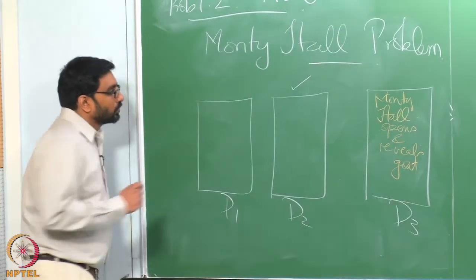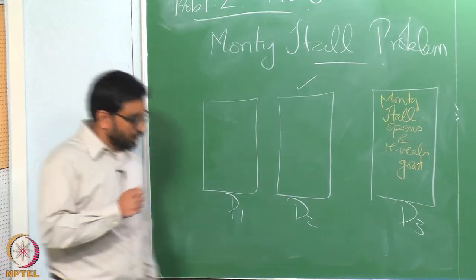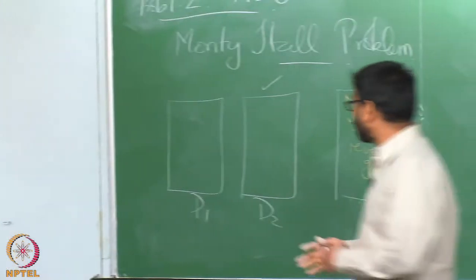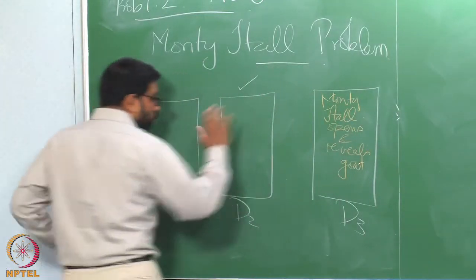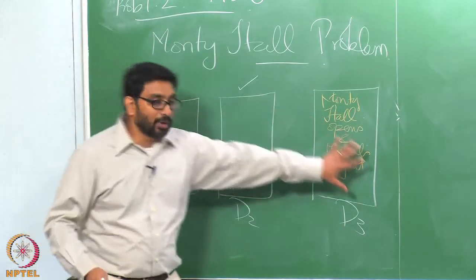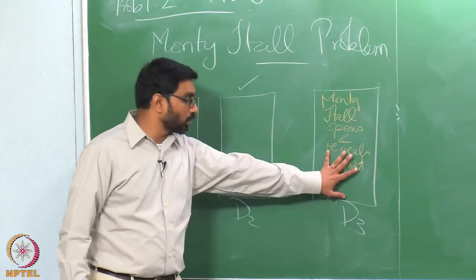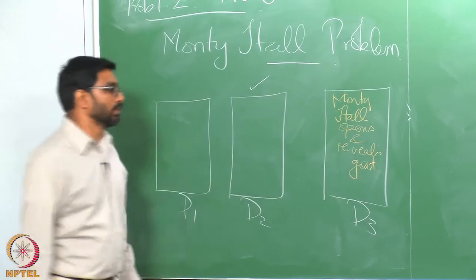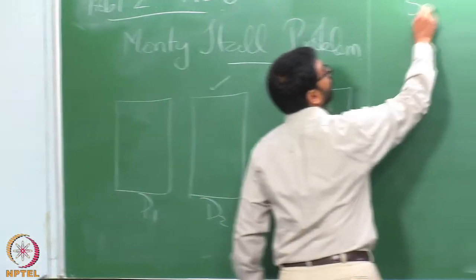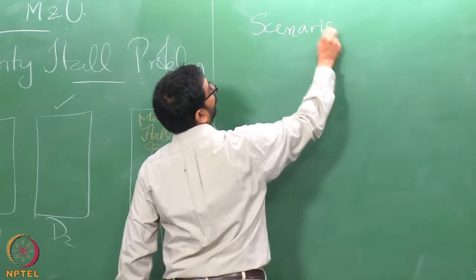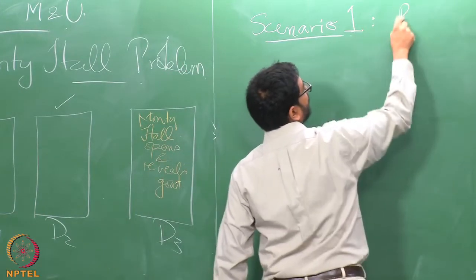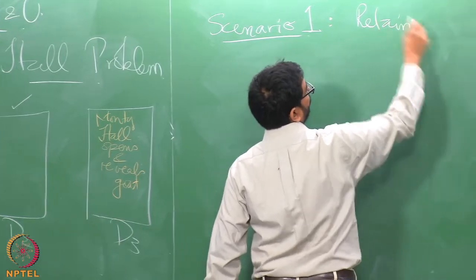So, let's try to analyze these 2 scenarios. In scenario 1, you choose a door, Monty Hall reveals another door where he has a goat, but you choose to stick to D2. You retain your choice.